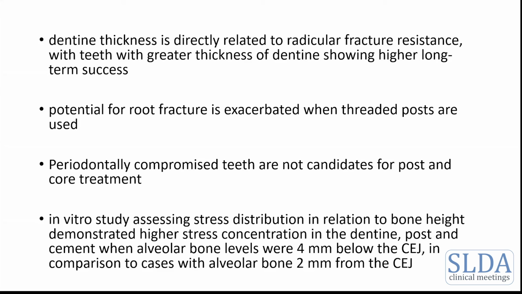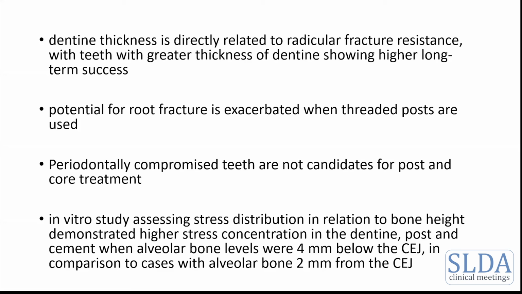It's not very clearly mentioned in the literature, but some in vitro studies have assessed the stress distribution in relation to bone height. They say that the stress concentration is high in dentin if the post has been placed in a tooth where the alveolar bone level is 4 millimeter below the cemento-enamel junction.